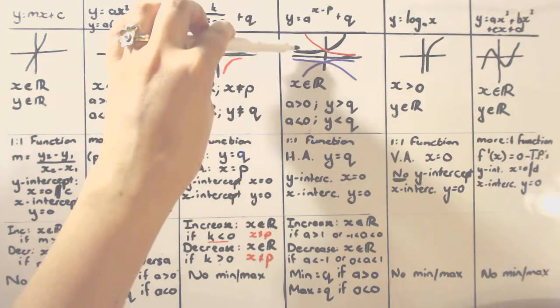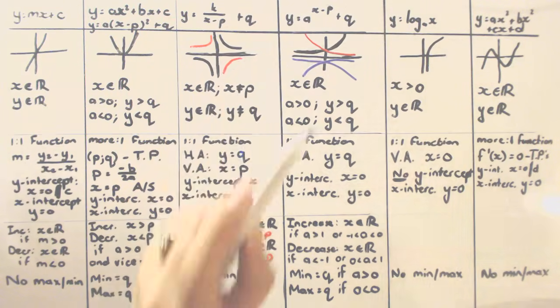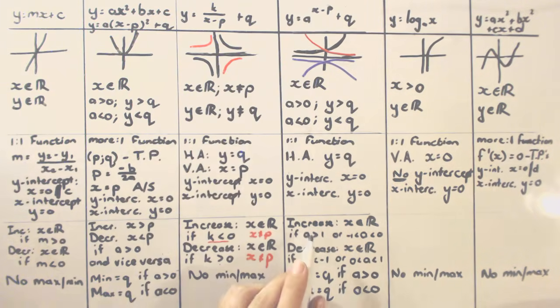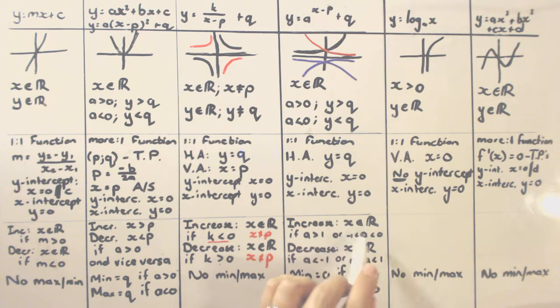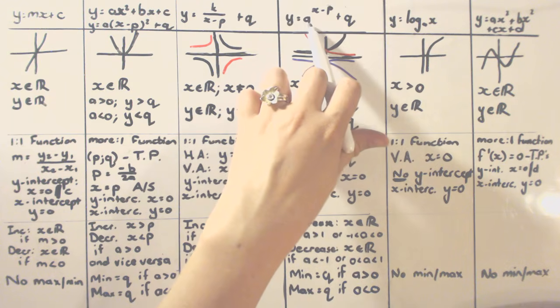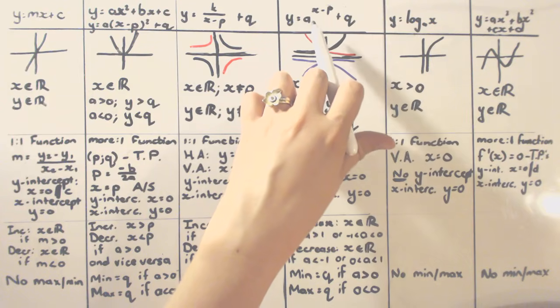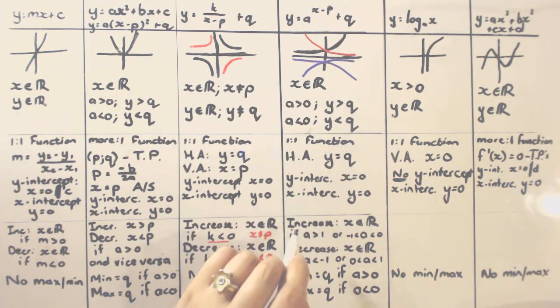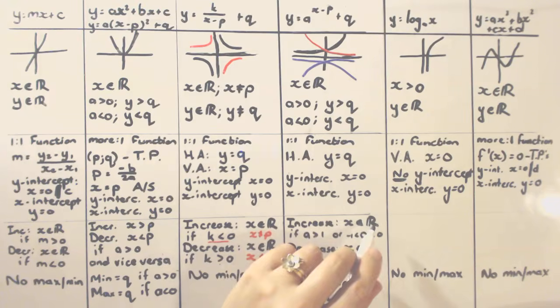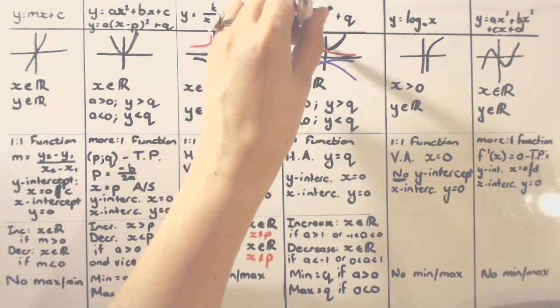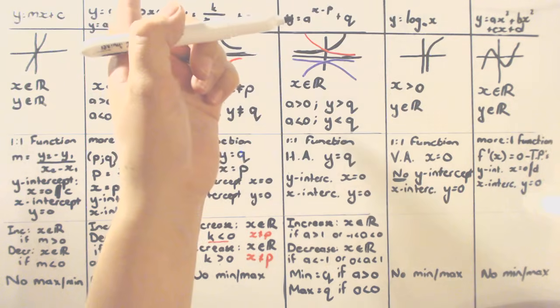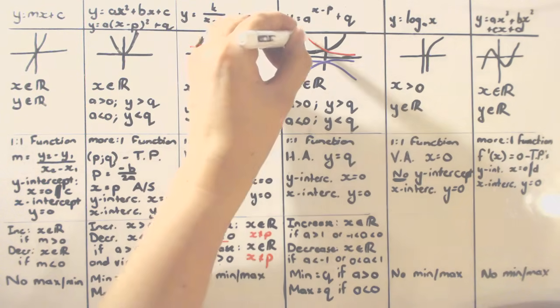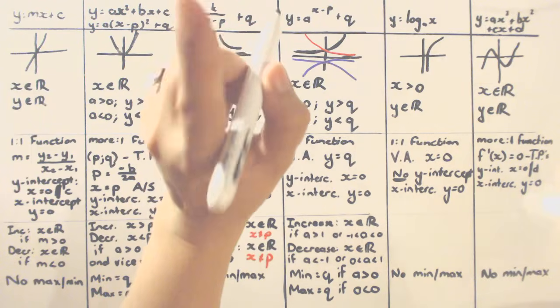But you can just remember, if you look at the a value, for values bigger than 1, or if a is a negative fraction, meaning it lies between 0 and negative 1, right? If your a value is a big positive number or a negative fraction, then you're going to say it increases for all values of x, for x an element of R. And if the a value is a positive fraction or a negative number, then it decreases.